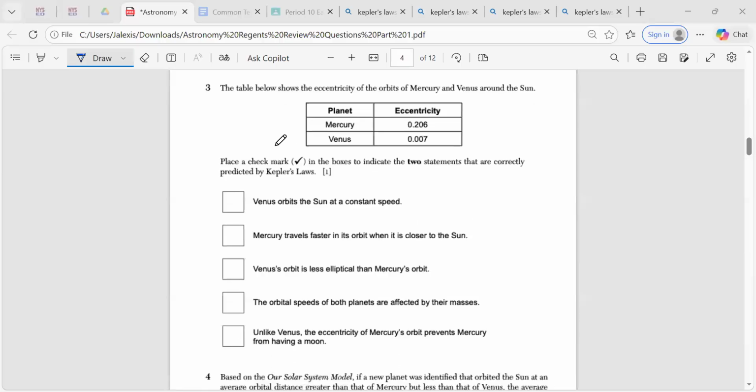All right, so number three says the table below shows the eccentricity of the orbits of Mercury and Venus around the sun. All right, we have the planet, the eccentricity, and it says place a check mark in the boxes to indicate two statements that are correctly predicted by Kepler's laws. So we do have to have some prior knowledge about Kepler's laws.